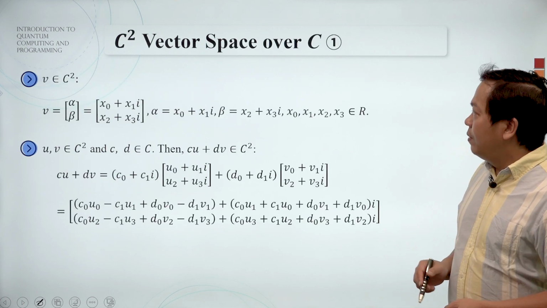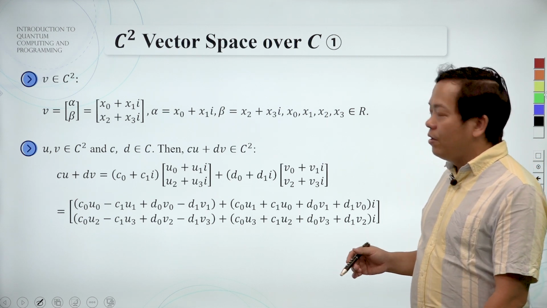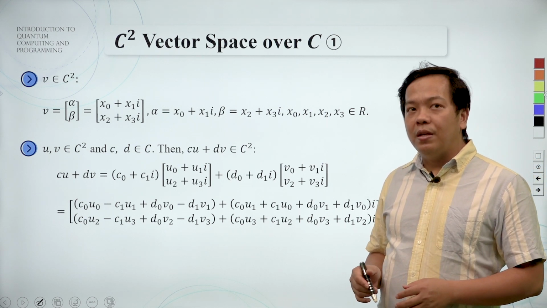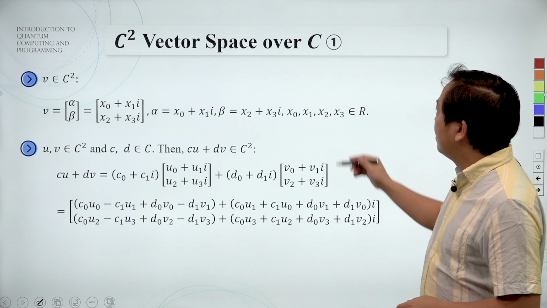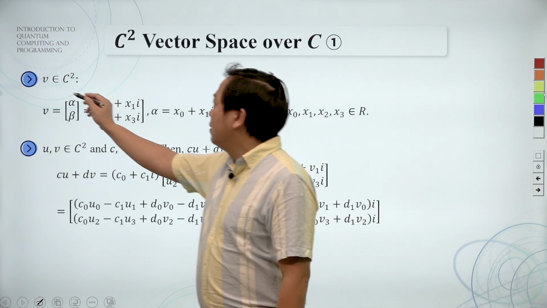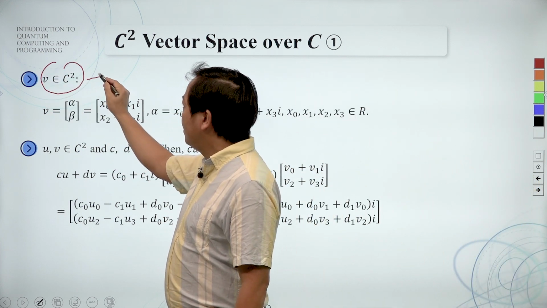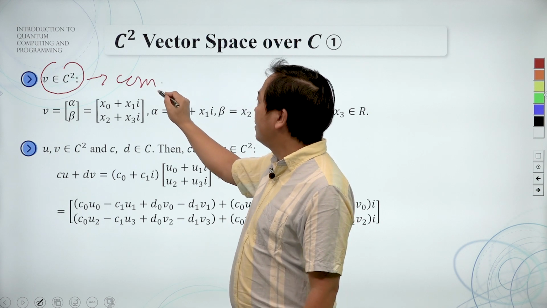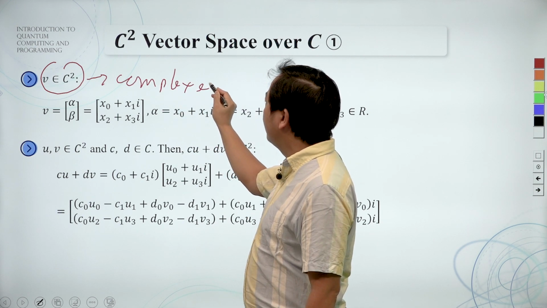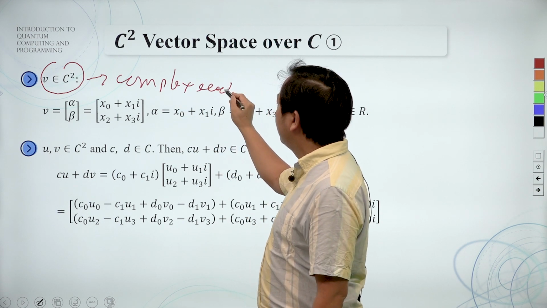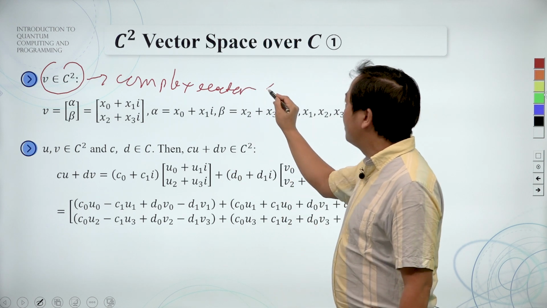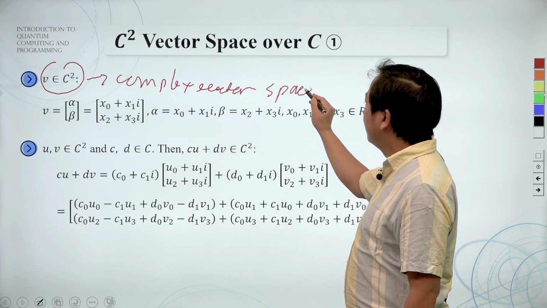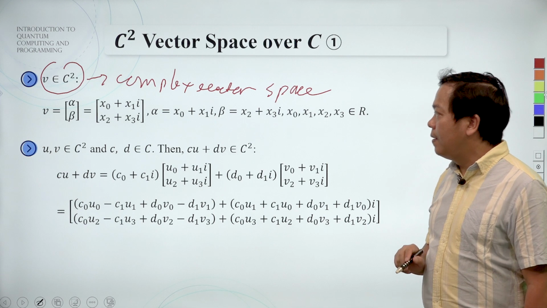Over here we have a vector. For example, we have one vector v in the vector space V, and this is a complex vector space.